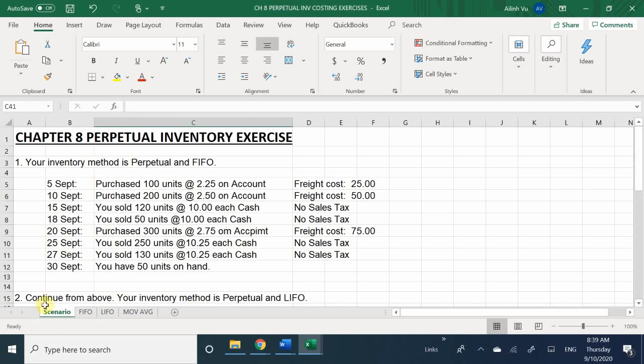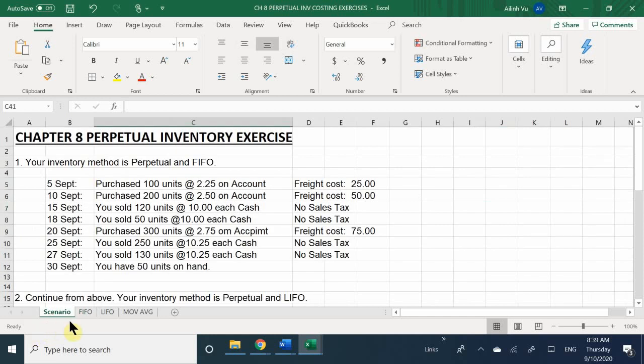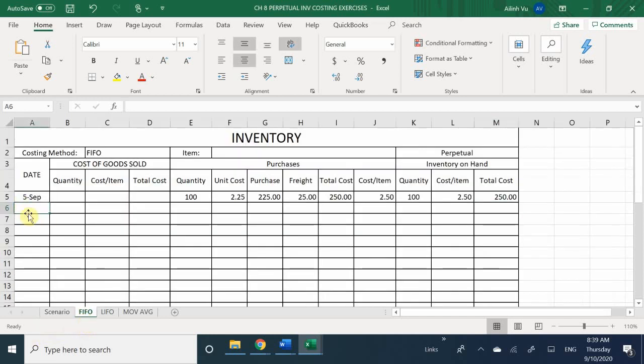Another purchase of 200 at 250. Freight is 50. This time it's 200 items. September 10. We got 200 at 250.